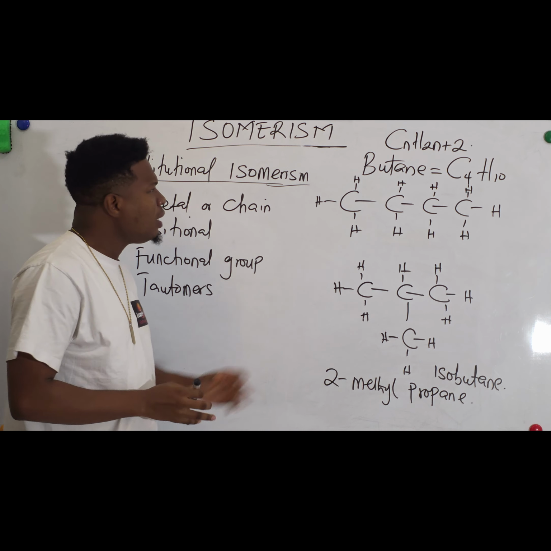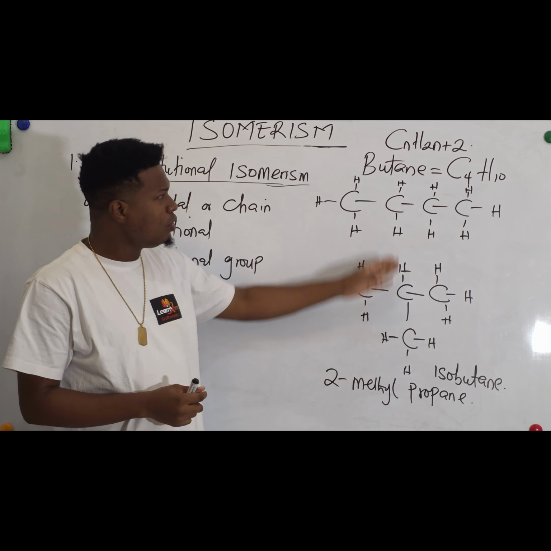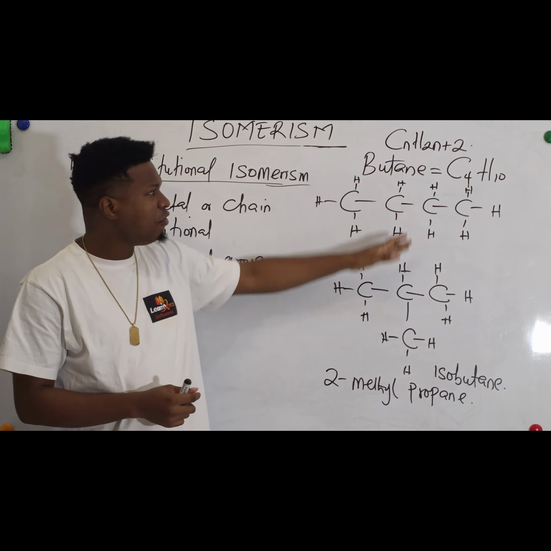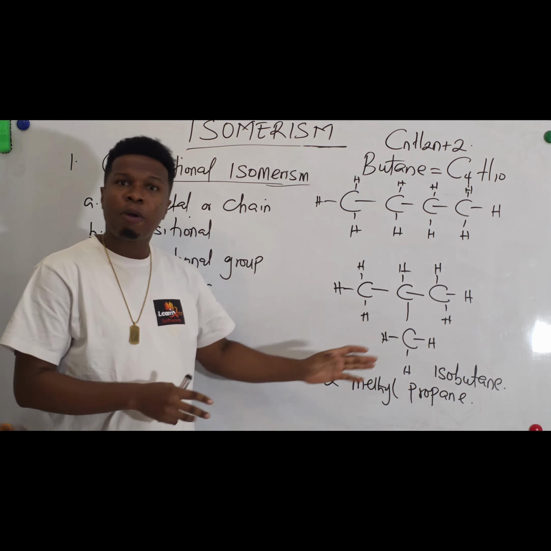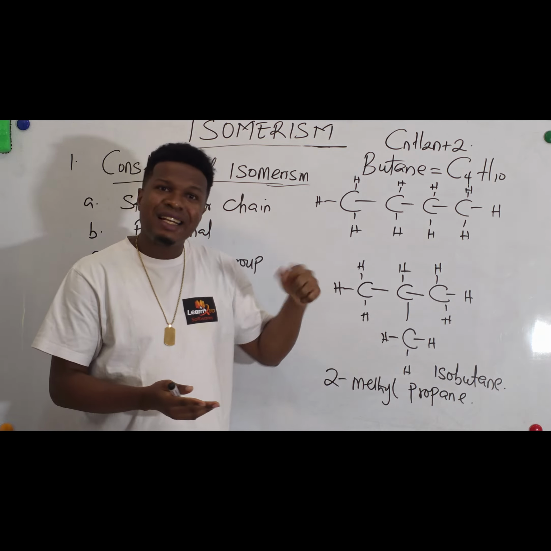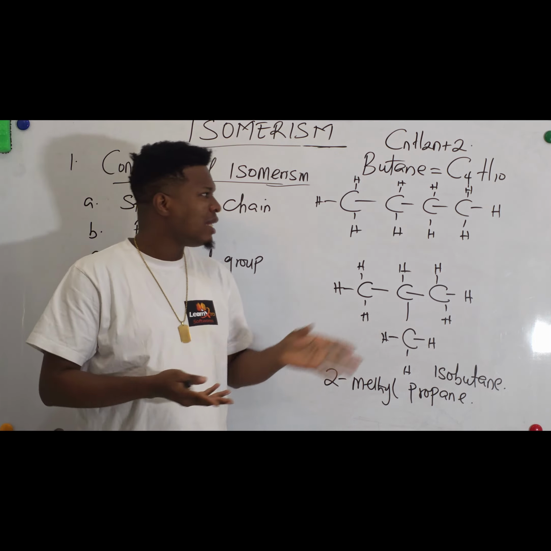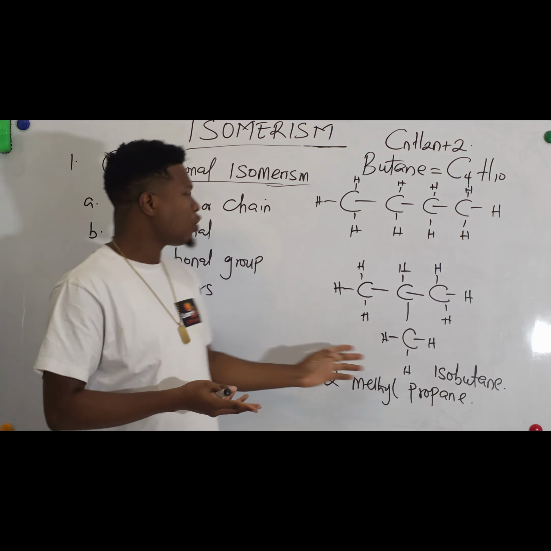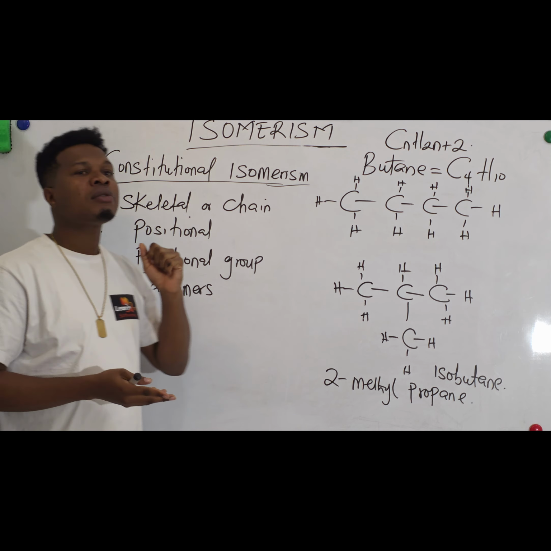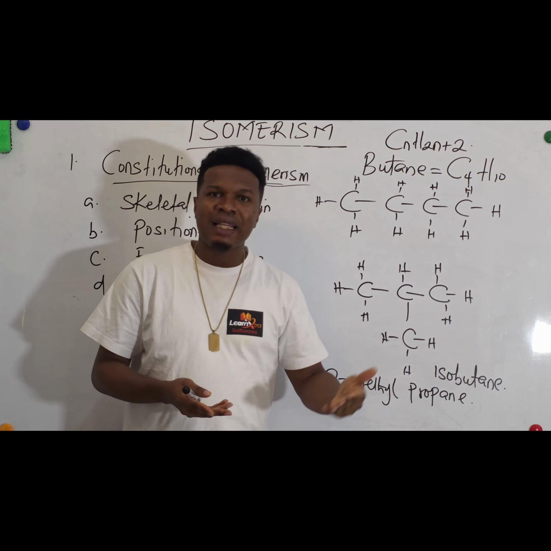Looking at this molecule and this molecule, they are two different compounds because they have different structural formulas, and their properties are not the same. Because the arrangement is as a result of the change in the position of the carbon atom, we say that the isomerism exhibited here is called chain or skeletal isomerism, and these are called chain or skeletal isomers.